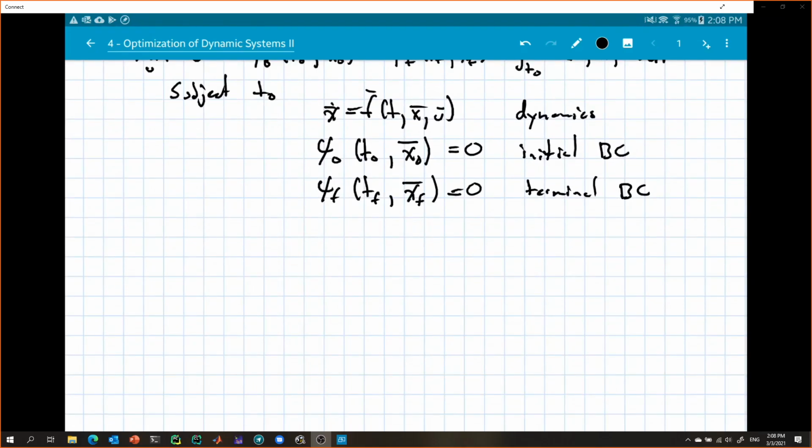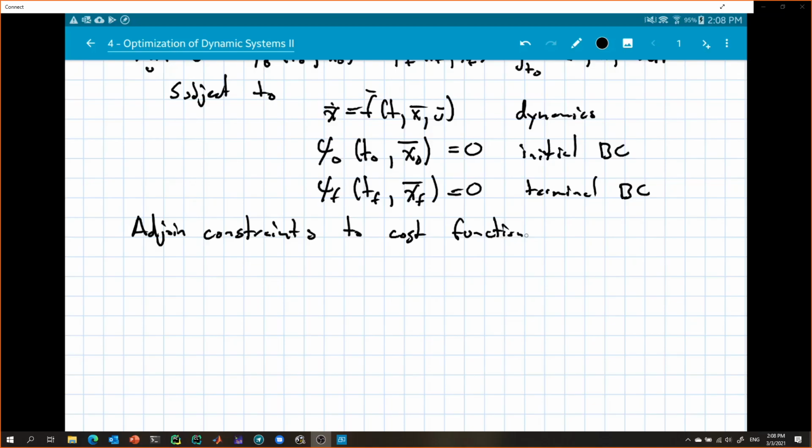So the way we're going to go about this is the adjoin method, the full adjoin method. Like we adjoined the dynamics to the path cost last time, we're also going to adjoin the initial and terminal constraints to the initial and terminal costs.